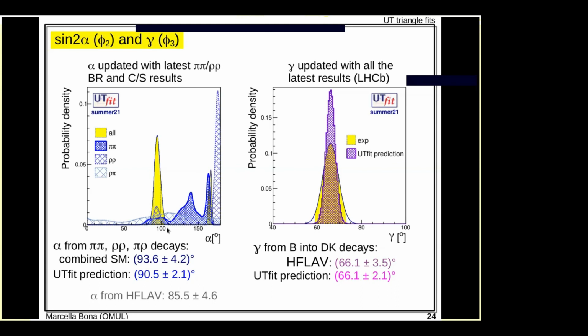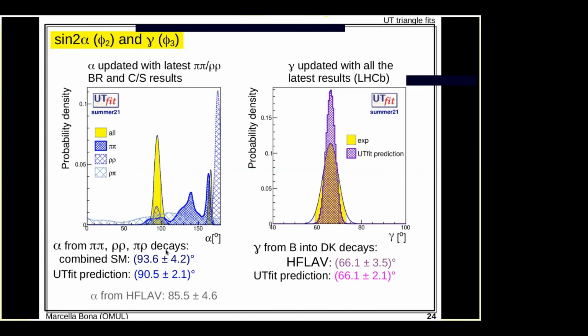There is also a little bit of inconsistency between the two HFLAV groups. The inputs have to be taken from the unitarity triangle group, but also from the rare decays group. I know that they're working separately, so I'm not 100% sure that what I have here is exactly what goes inside.